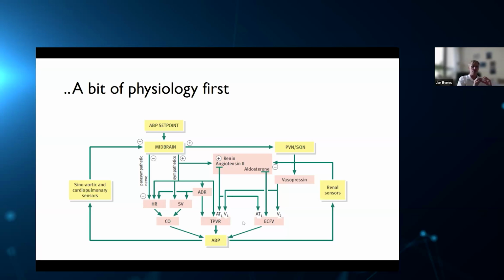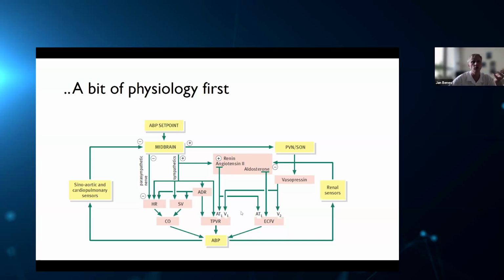And all the systems go into the midbrain where something like a pressure set point exists, which regulates the neuroendocrine axes of sympathicus and parasympathicus, renin, angiotensin, aldosterone, and vasopressin. So these are three major important axes which regulate the global flow and global pressures within the circulation.